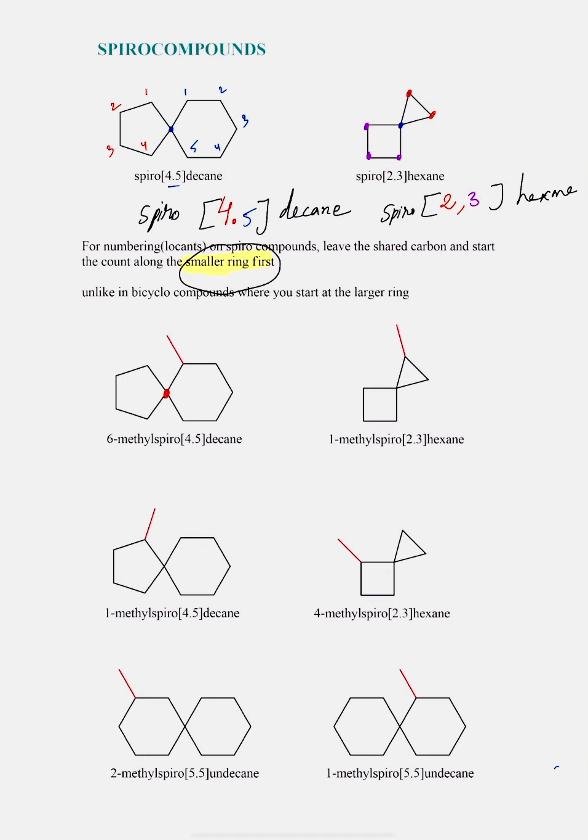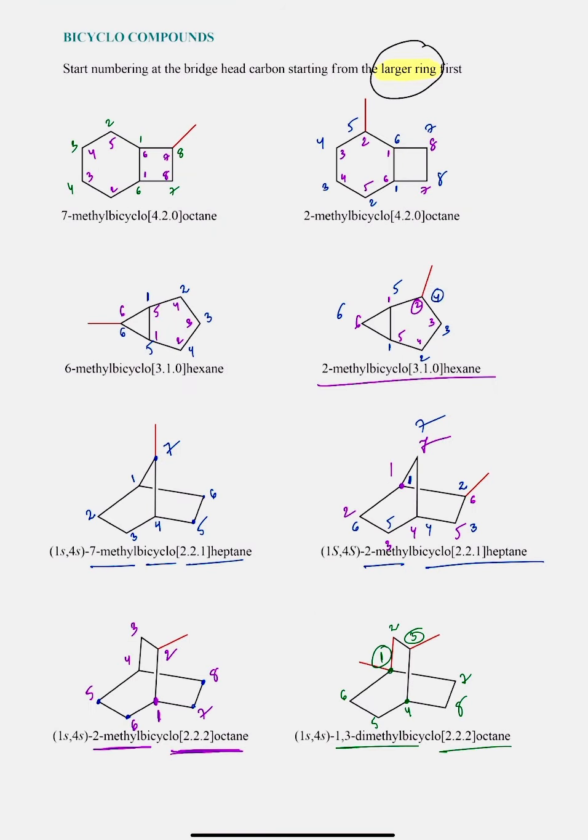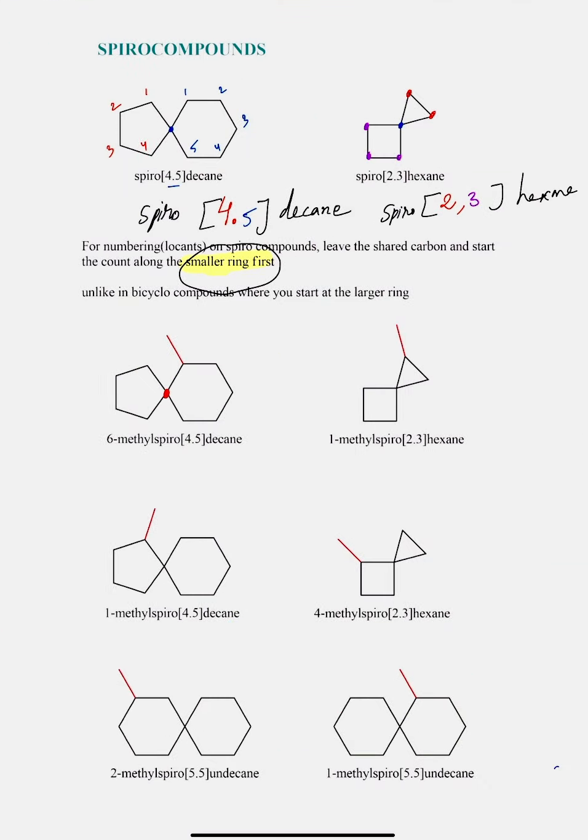Now we don't start numbering on the common carbon, we leave it as it is. Unlike in the bicyclo compounds where we started numbering from the bridgehead carbon, here we don't start numbering at the common carbon. If you start numbering there, then after you finish the smaller ring, there will be a discontinuation in the path.